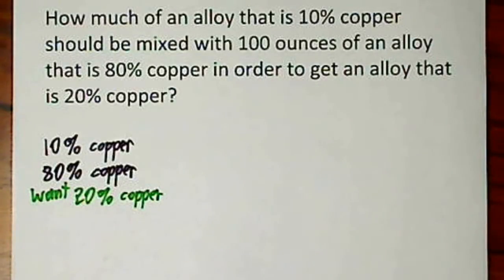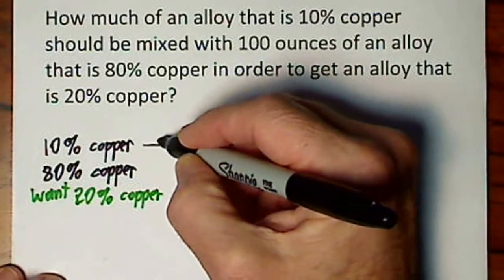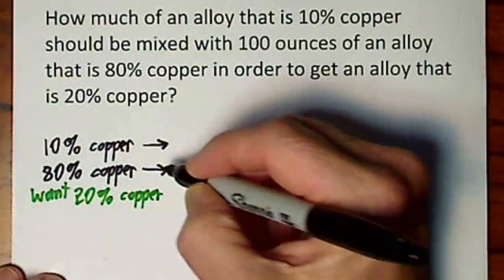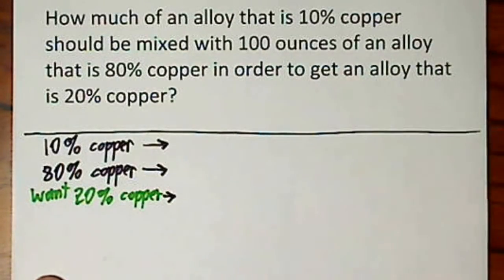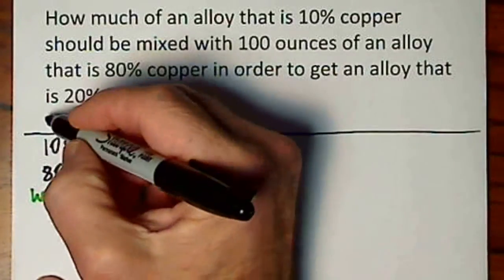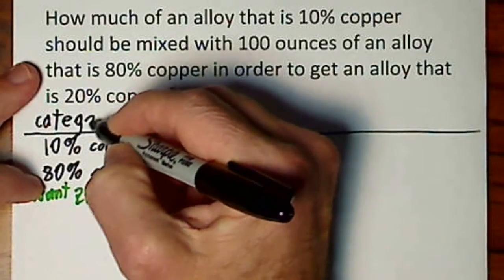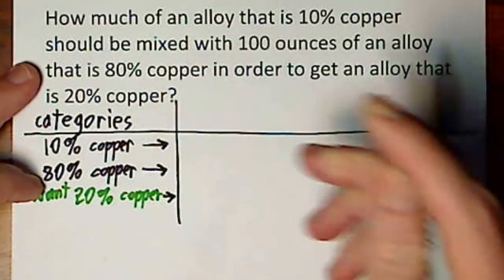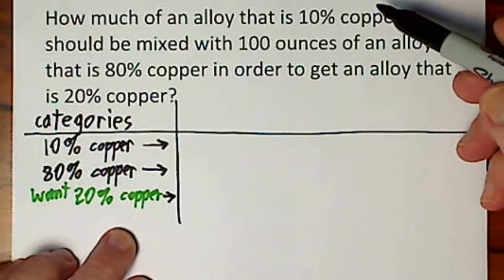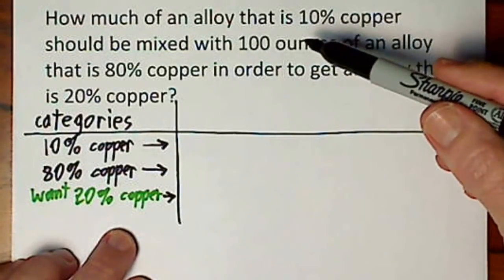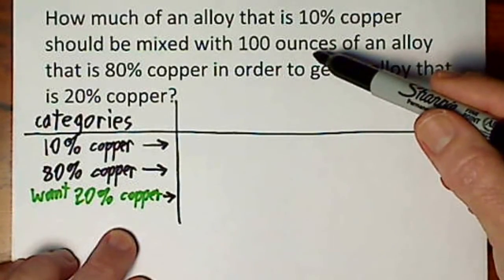All right, and again, these are just categories. We're not really going to do any calculations with this stuff here. We're just trying to organize our thinking. So these are the categories. We're talking about ounces in this case, okay?